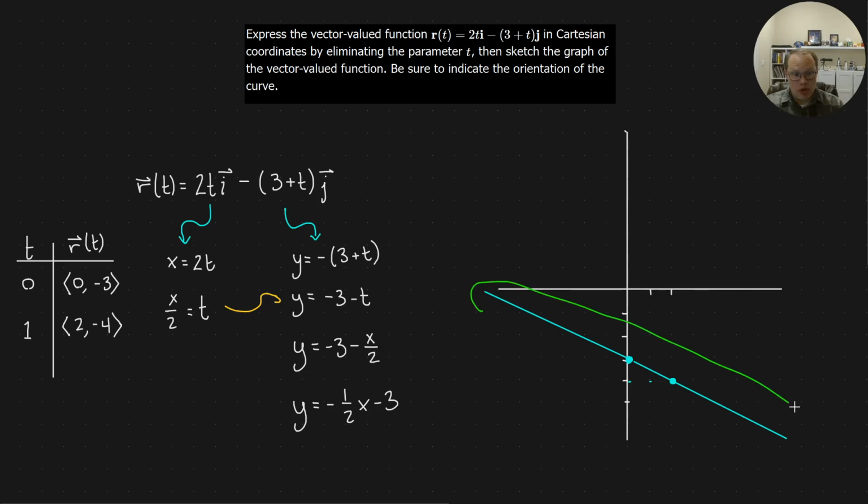Nor can we communicate all of that in this graph anyway. I can't communicate that in a static graph. I need some kind of animated graph, and I can't do that on a static piece of paper. But I can at least indicate the orientation of the curve. Is it going to the right downhill, or are we going to the left uphill?